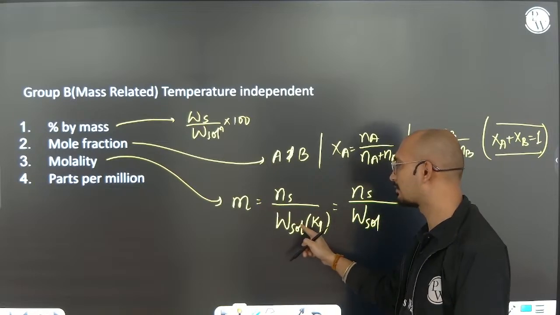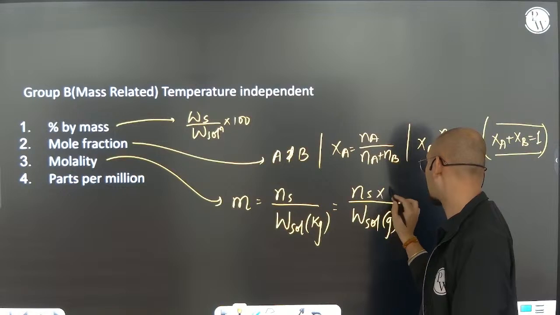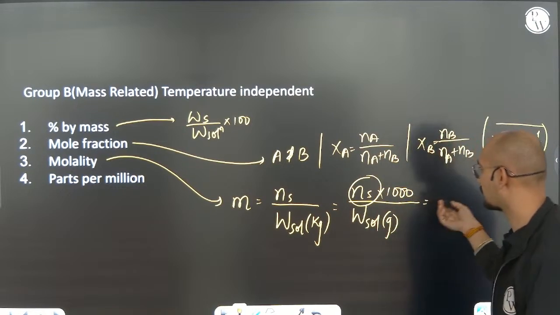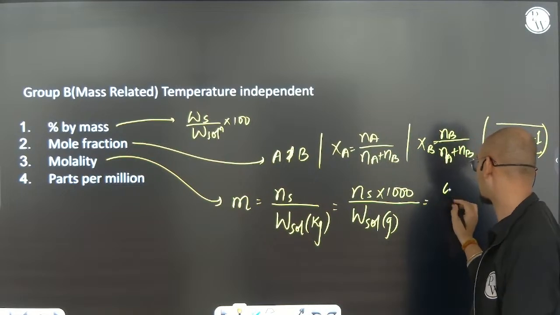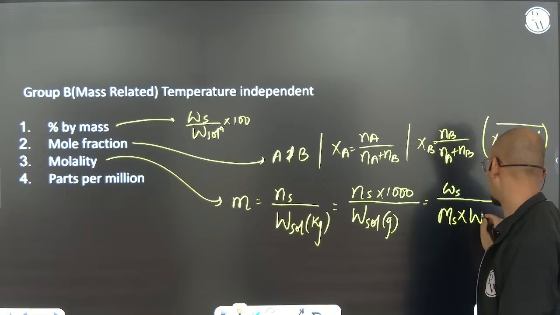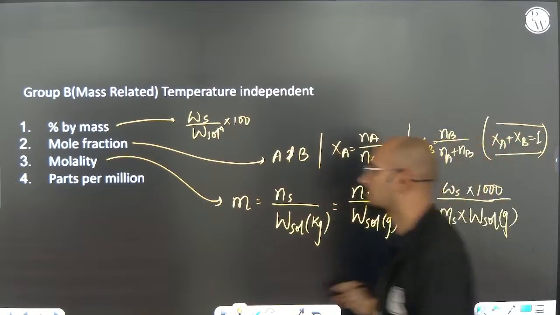See, I'm not writing solution, I'm writing solvent. If the mass is in gram, you have to multiply with 1000. And number of moles of solute equals given mass by molar mass. So molality equals given mass of solute divided by molar mass of solute multiplied by mass of solvent in gram, multiplied by 1000. I hope it is all very clear.